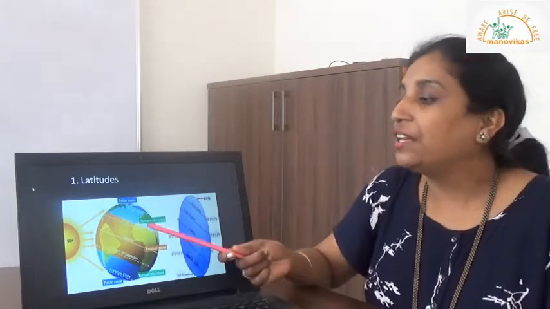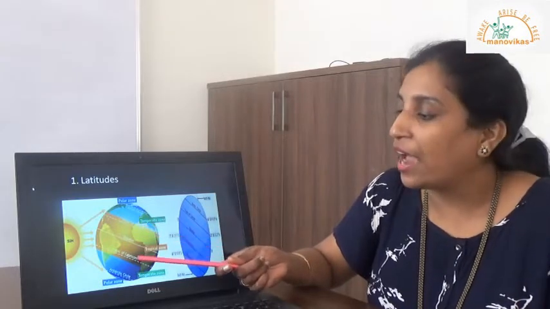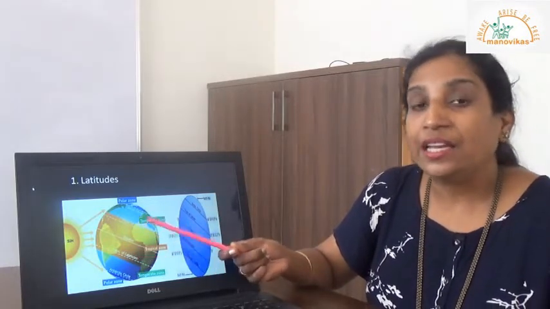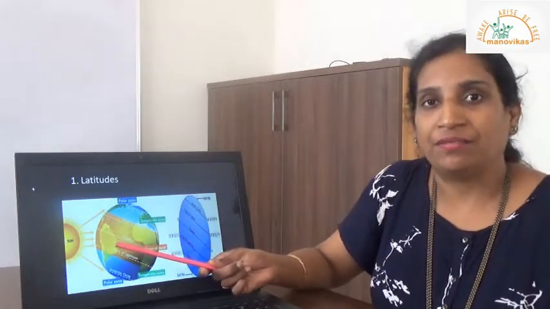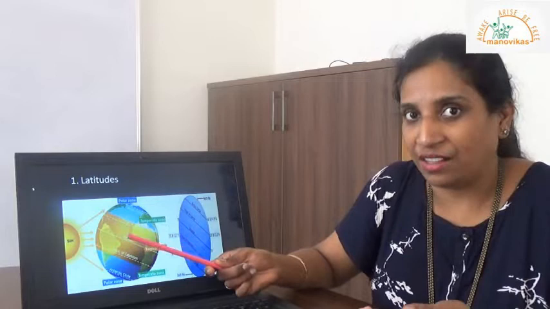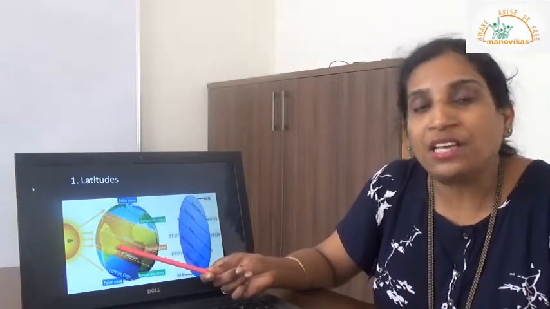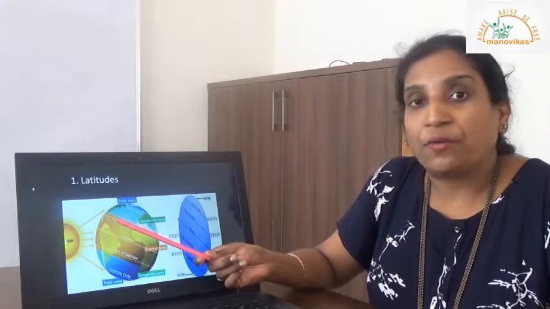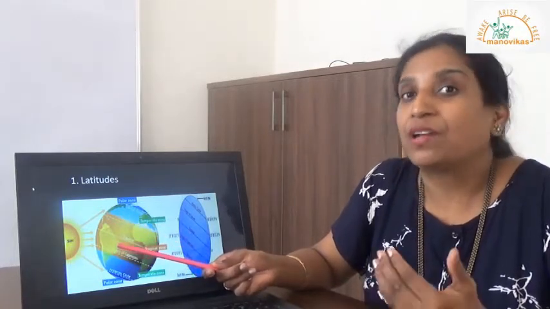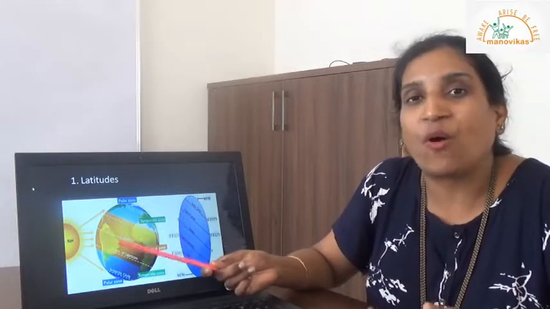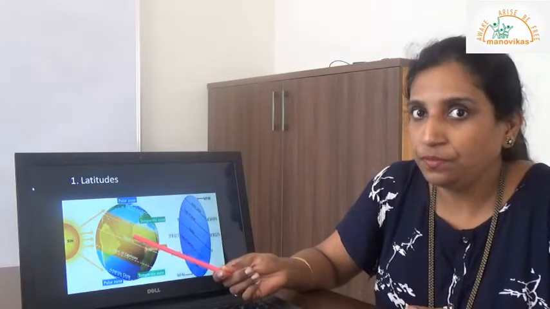Suppose the region is between the Tropic of Cancer in the northern hemisphere and the Tropic of Capricorn, it receives light of the sun in a vertical manner. It receives vertical rays of the sun. Due to these vertical rays of the sun throughout the year, between the Tropic of Cancer and the Tropic of Capricorn, we have the major climatic region on the earth which is called the hot zone or the torrid zone.